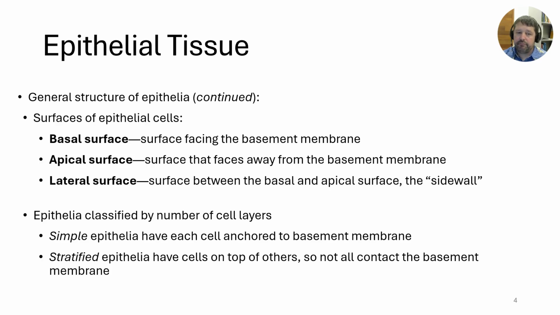Stratified means you have multiple layers. So you might go from an apical surface, a few cell layers to quite a few cell layers on the lateral surface, and then the basal surface. In other words, not all of the cells are in contact with the basement membrane. In this case, they're all in contact with the basement membrane.